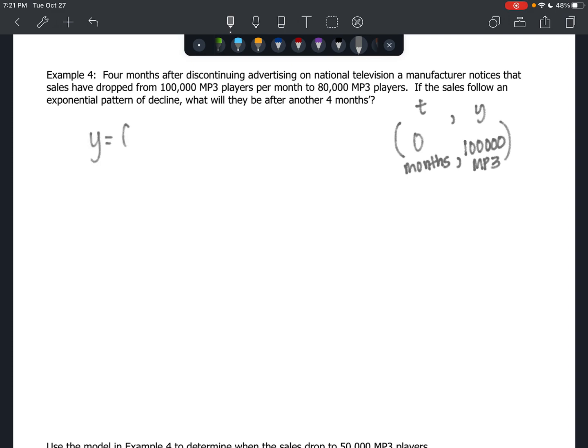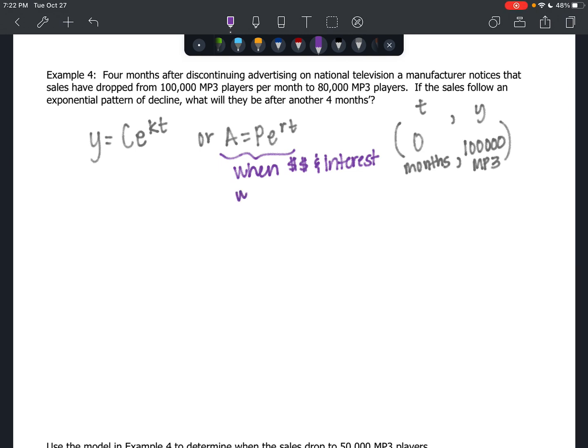We have y equals c times e to the kt power. Whether we use y equals c times e to the kt power or A equals P times e to the rt power doesn't matter. What you need to understand is that when we're talking about money and interest, we would then use this value where time is in years.